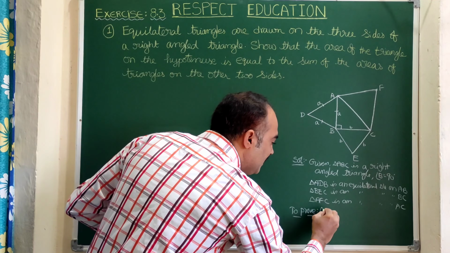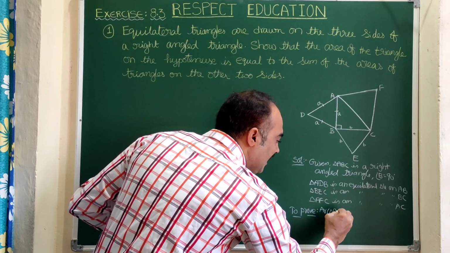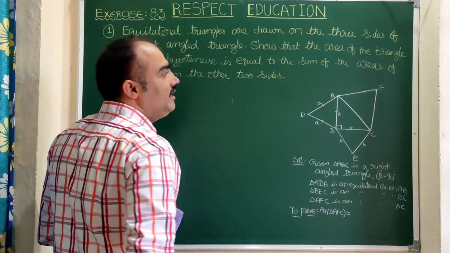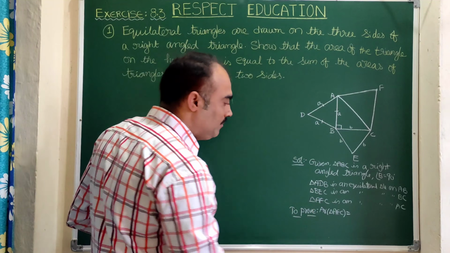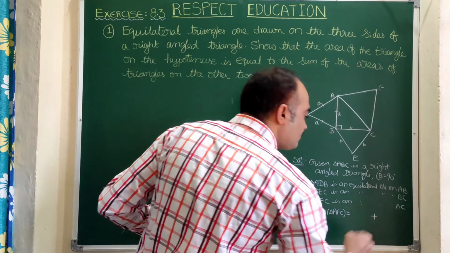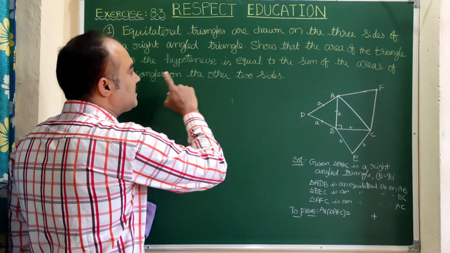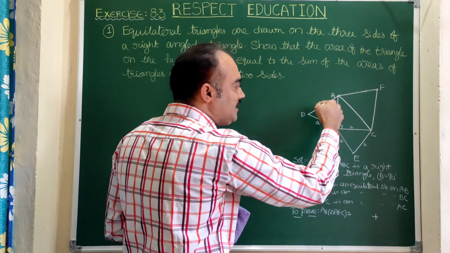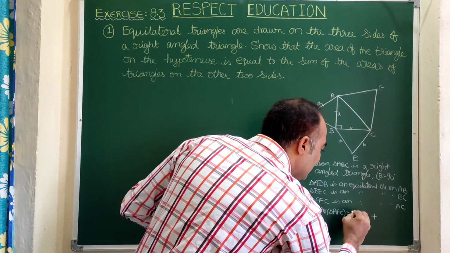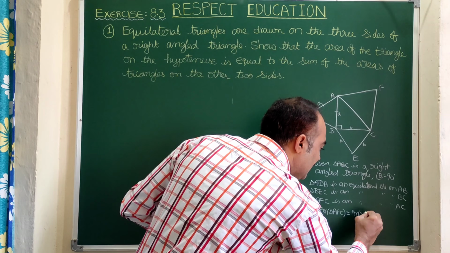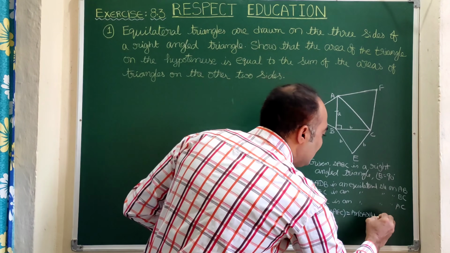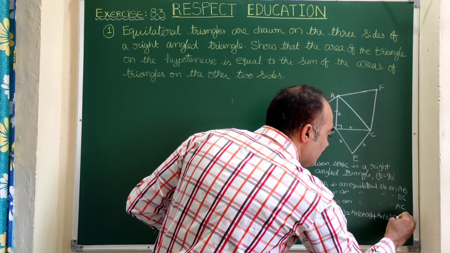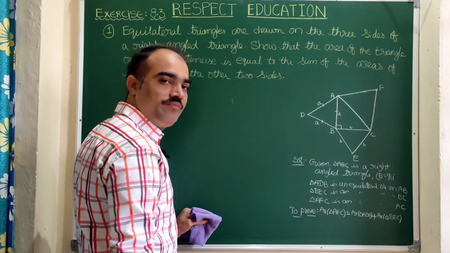So to prove, area of triangle AFC is equal to the sum, sum means plus, addition, of the areas of triangles on the other two sides. That means area of triangle ADB plus area of triangle on the other side, BEC. This is what we have to prove.